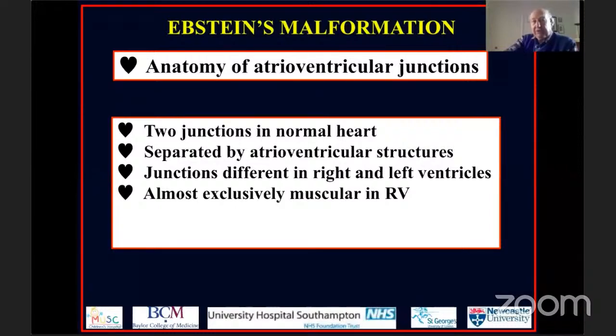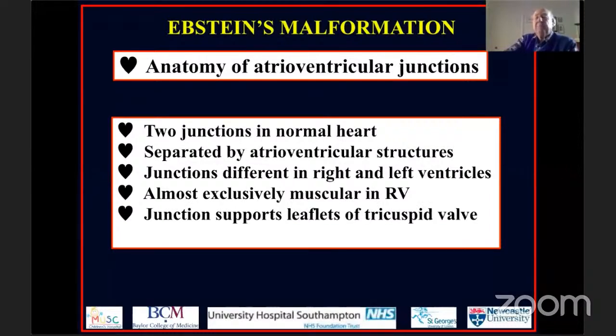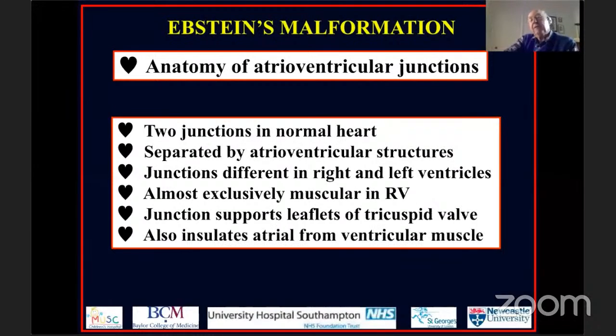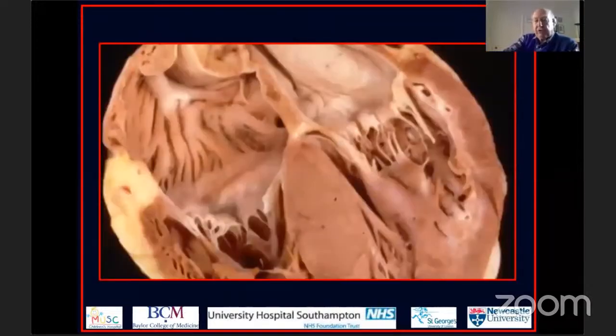When we look at the junction in the right ventricle, it is almost exclusively muscular. The junction obviously supports the leaflets of the tricuspid valve, but another key function of the tissues of the right atrioventricular junction is that they interpose between the atrial myocardium and ventricular myocardium at all points except the penetration of the atrioventricular conduction axis. So that is another key function of the right atrioventricular junction.